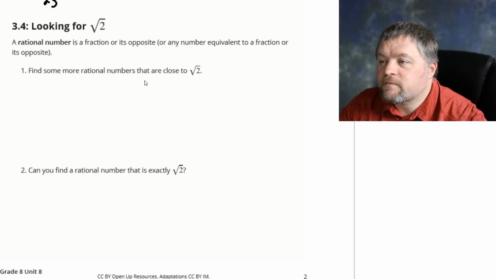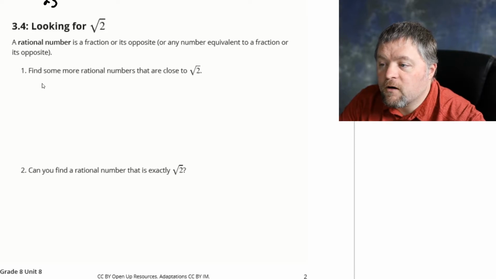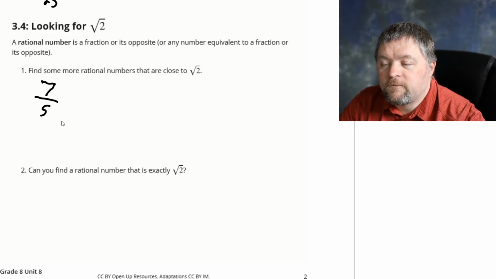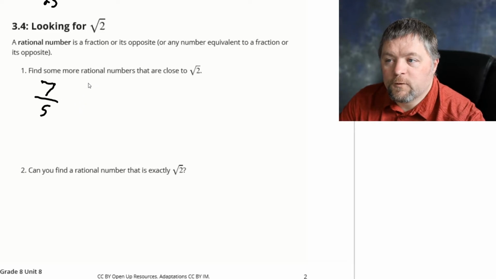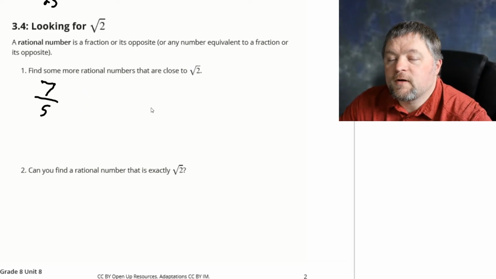So, find some rational numbers that are close to the square root of 2. Well, the 7 fifths we had before, 7 fifths squared was 49 over 25. 49 over 25 is very close to 2.